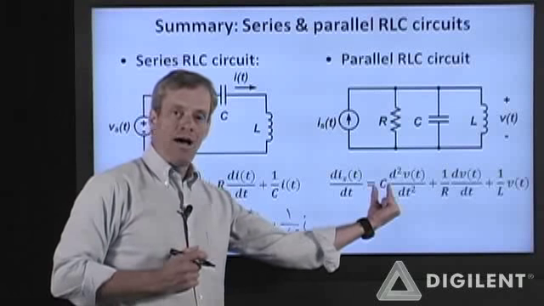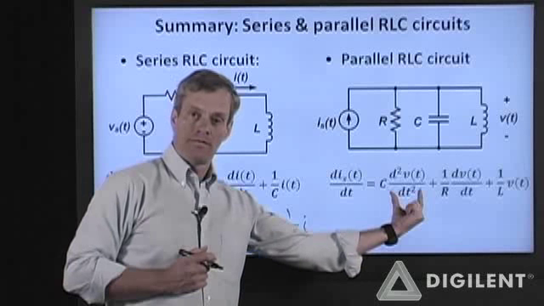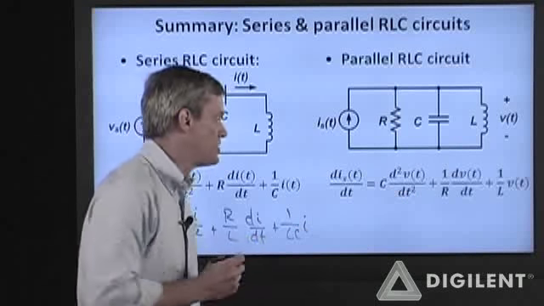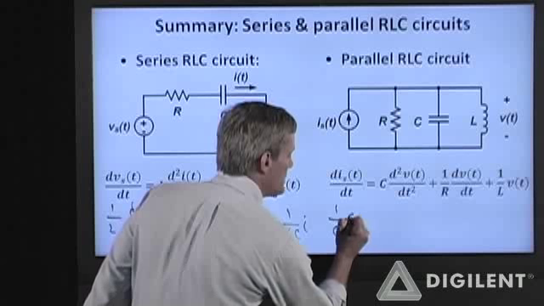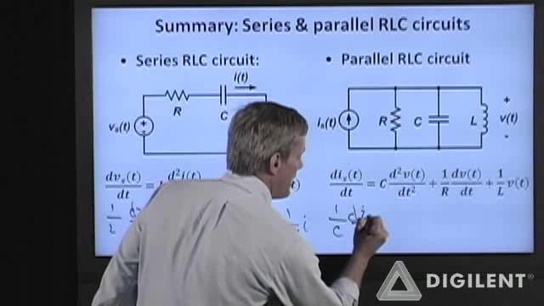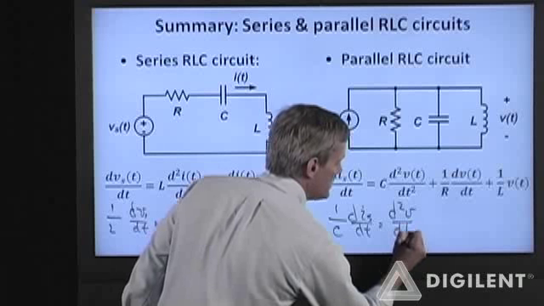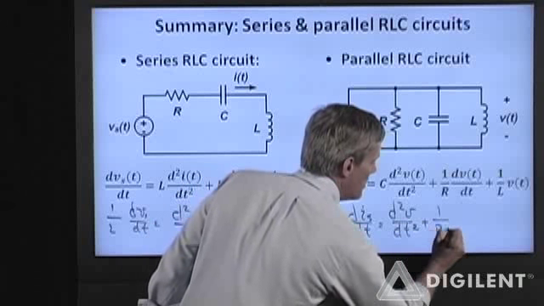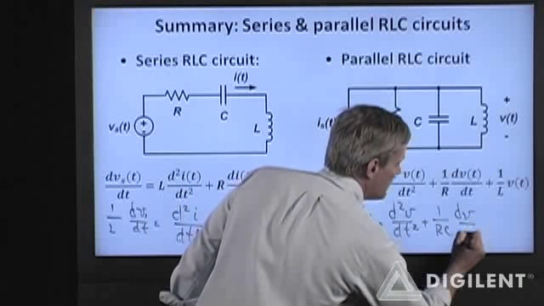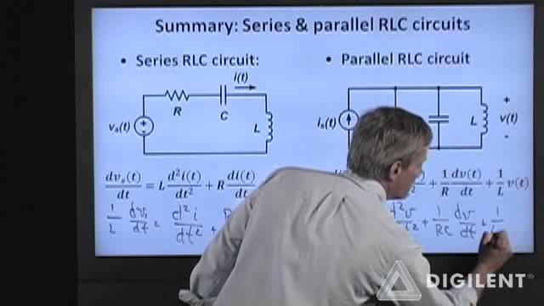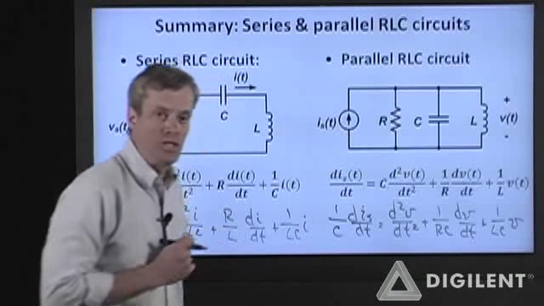Likewise, if I divide out the leading coefficient on the second derivative term in this equation, I get 1 over C times dis by dt is equal to d squared v by dt squared plus 1 over RC dv by dt plus 1 over LC times the voltage.